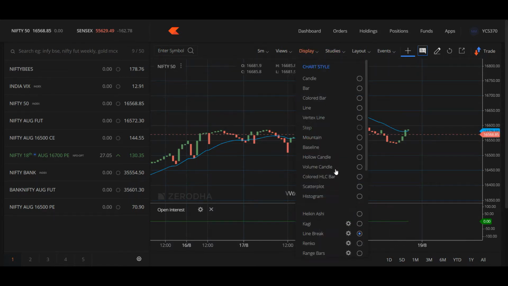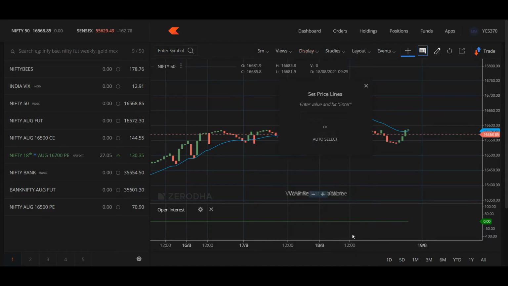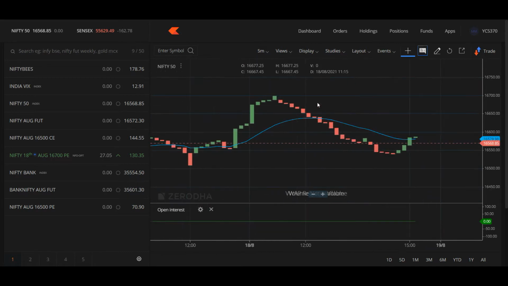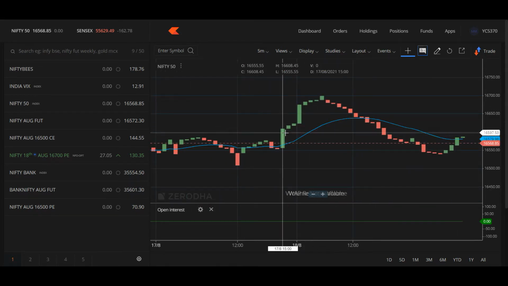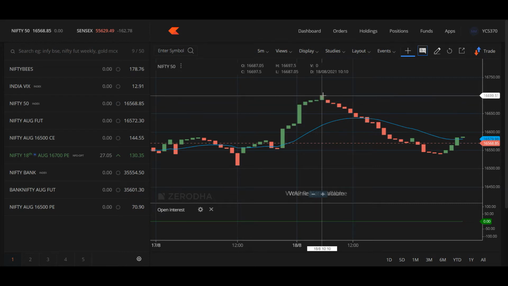The only difference here is that it is going to give us a line break, which is basically, if we say standard is 3, you will always get 3. So you select 3. Every 3 lines, whenever there is a movement, so every 3 candles, 1, 2 and 3, if the low is broken, it will be much easier for you to understand here.